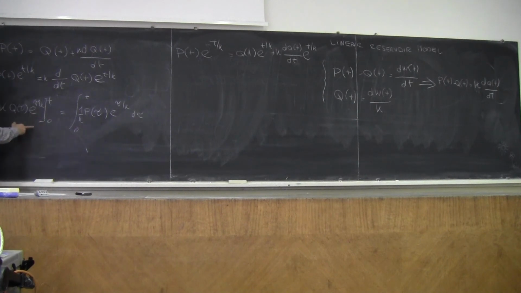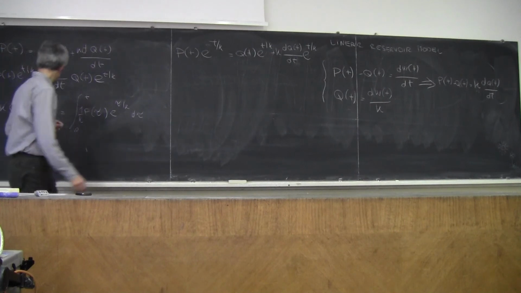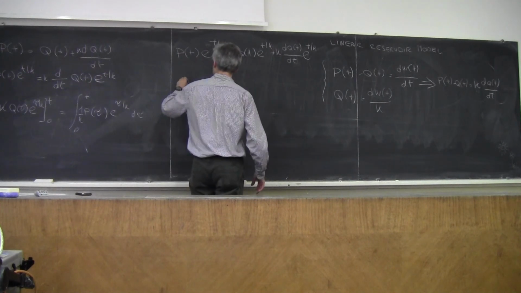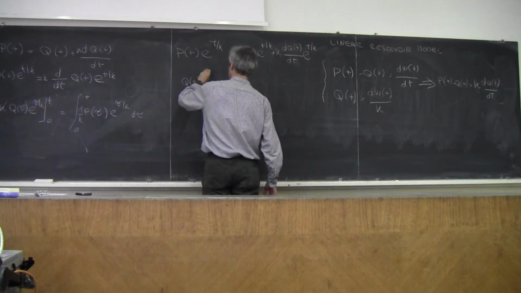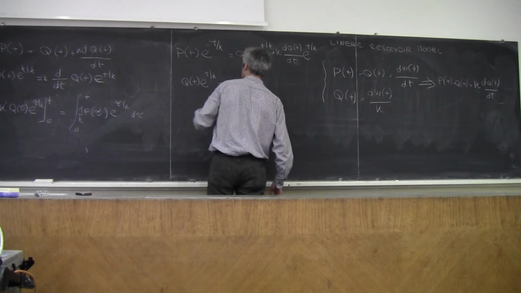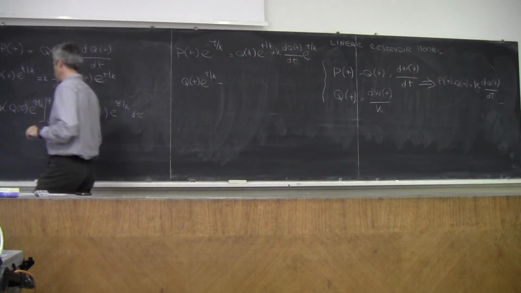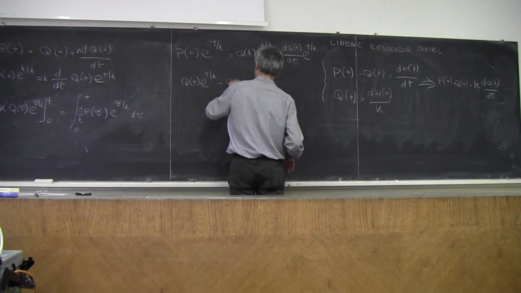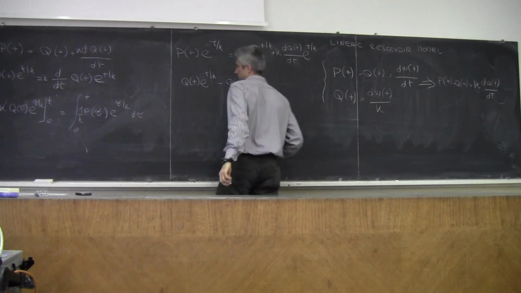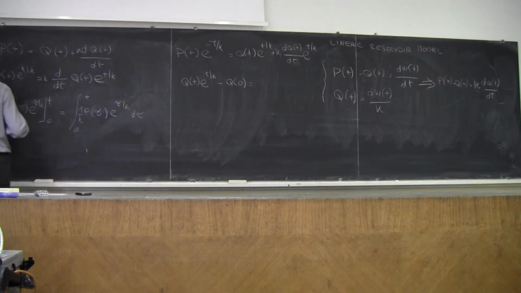Now, let me write this by computing q_tau times e to the power of tau over k. Let me compute it for t and 0, so it becomes q_t multiplied by e to the power of t over k minus q_0, and that's it.